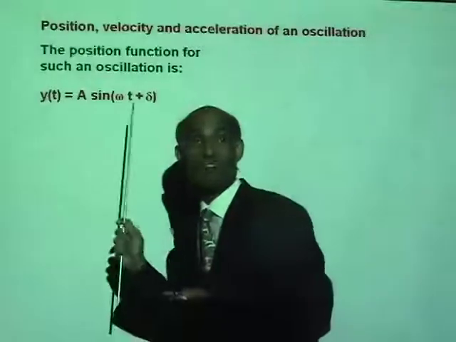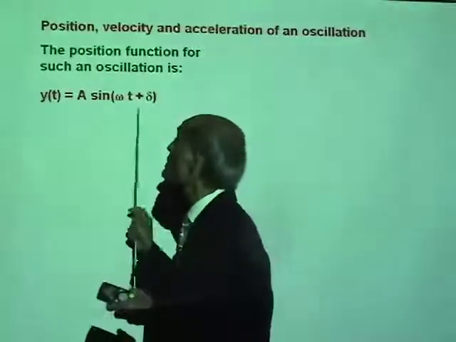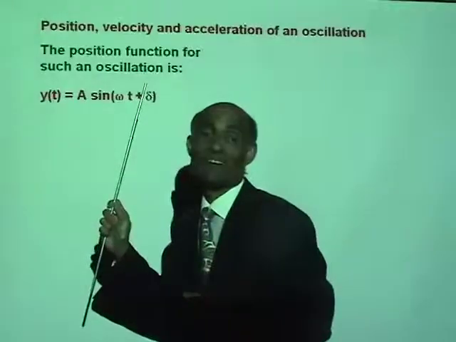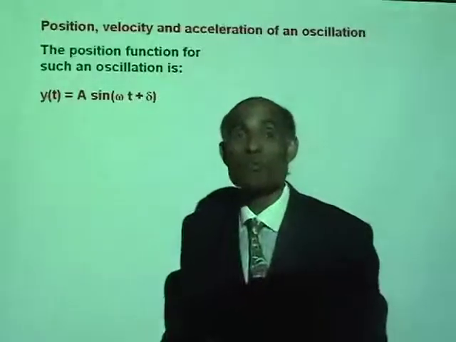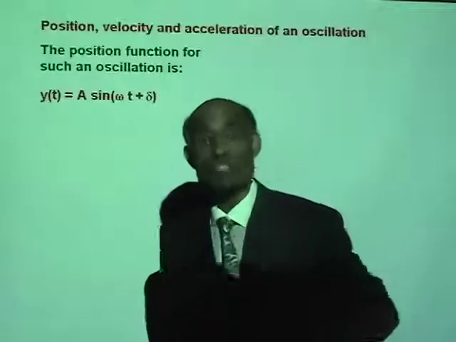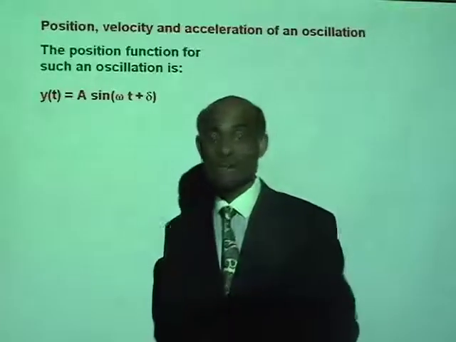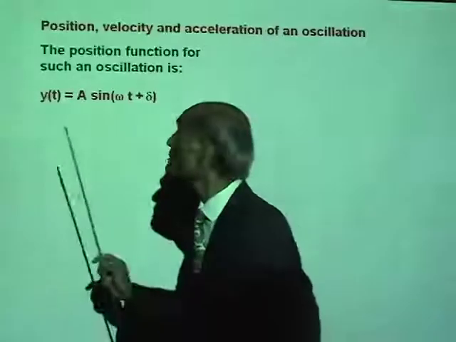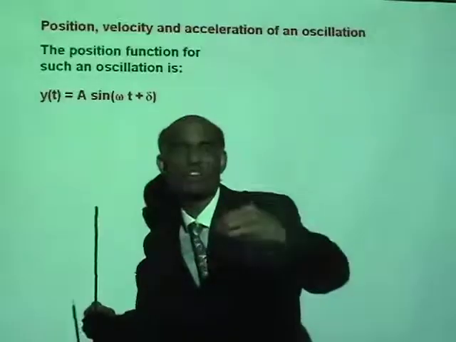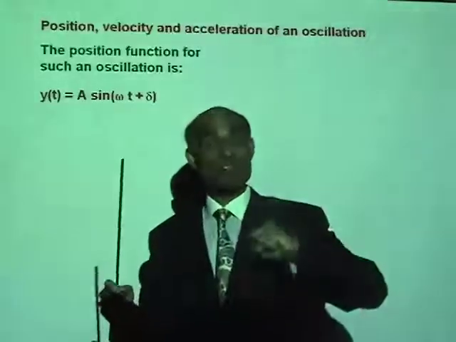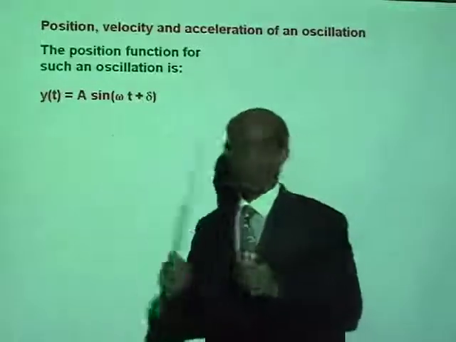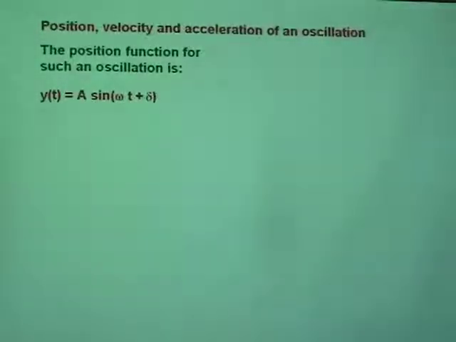Now, you know from your discussion in Physics 1, the derivative of the position function will be the velocity function. If this is the position function, can you find the derivative of this and give me an expression for the velocity function? Now, you know that the derivative of a sine function is a cosine function, so the derivative of sine omega t plus delta will be cos omega t plus delta.